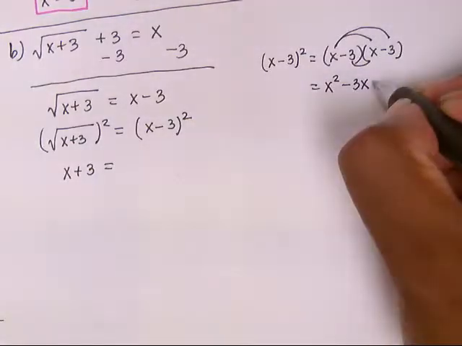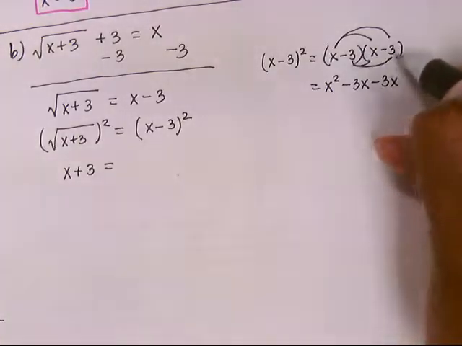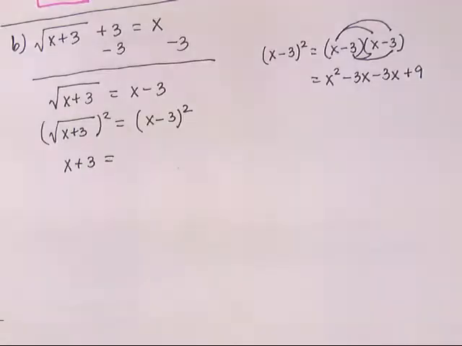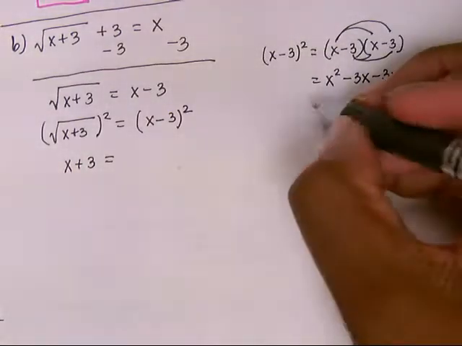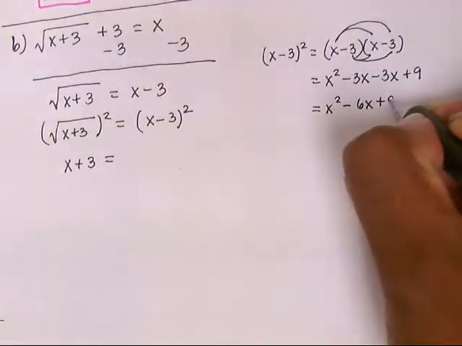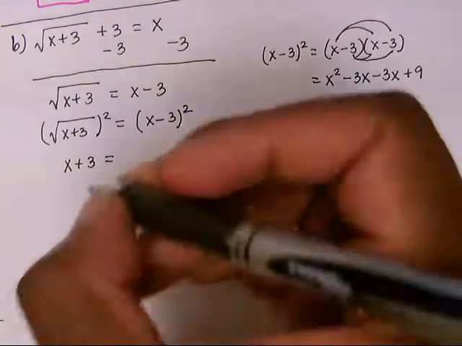Your inner, minus 3 times x is another minus 3x. And then the last, minus 3 times a minus 3 is plus 9. And then negative 3x and a negative 3x will be minus 6x. So you have x squared minus 6x plus 9. That's what x minus 3 quantity squared will be.